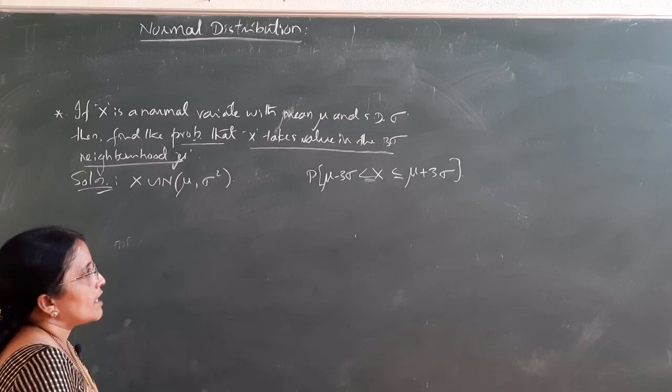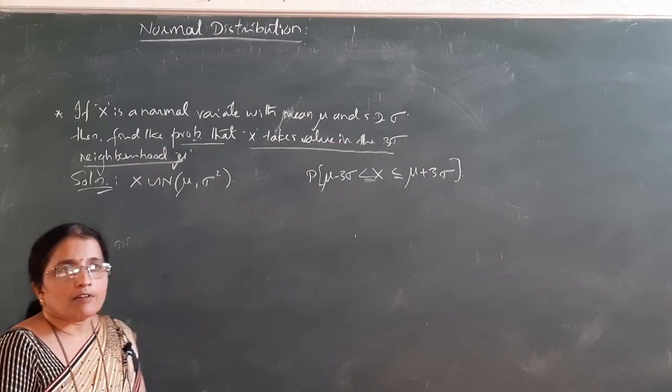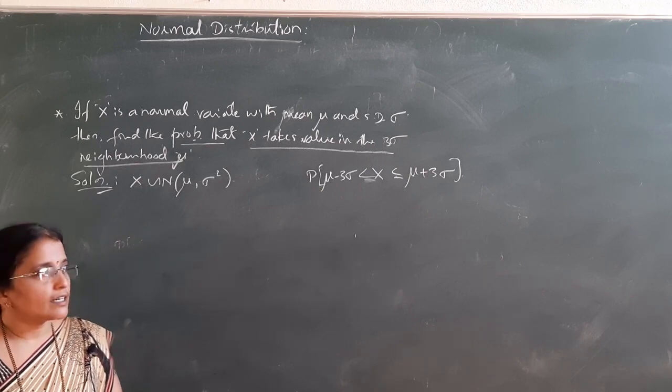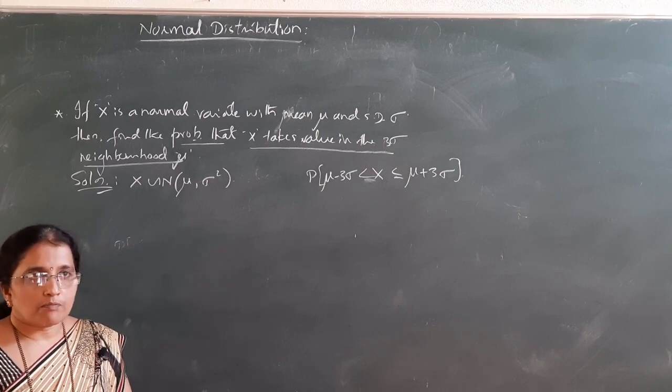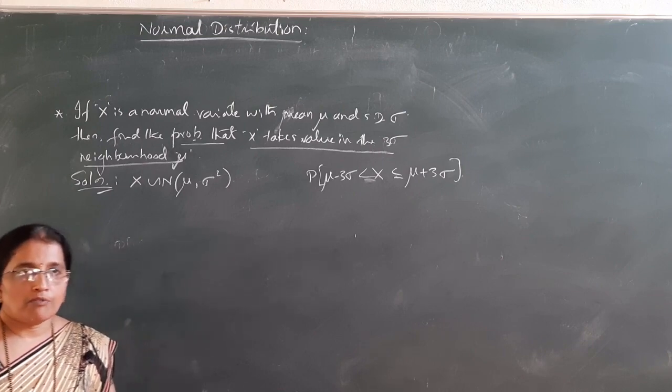Now, first, to find this, we have to convert the given normal variate x into a standard normal variate z. Always while solving problems on normal distribution, the first step is to convert the given normal variate into a standard normal variate.